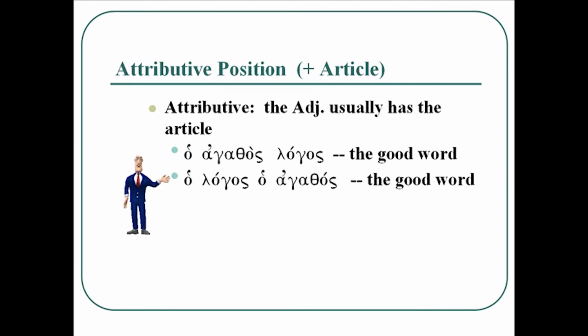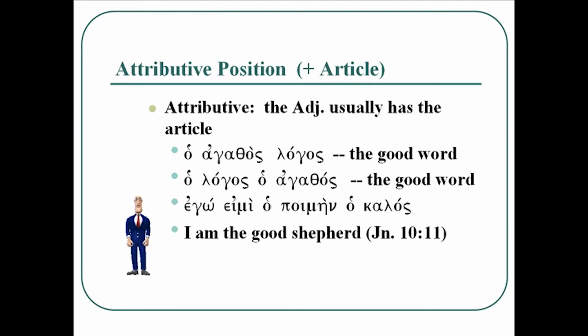But it could also be written as ho logos ho agathos, which also means the good word. So, for example, in John 10:11, it says, egō eimi ho poimēn ho kalos. I am the good shepherd. Kalos also means good.